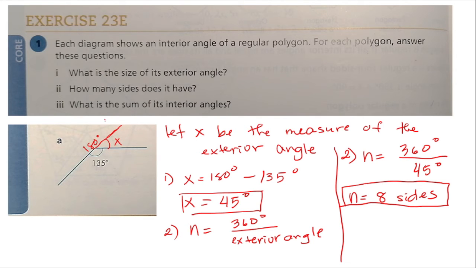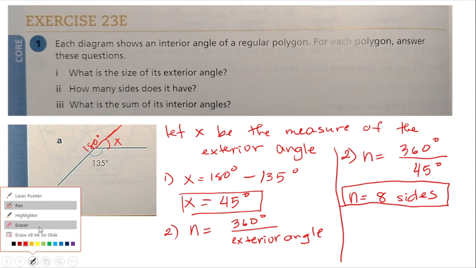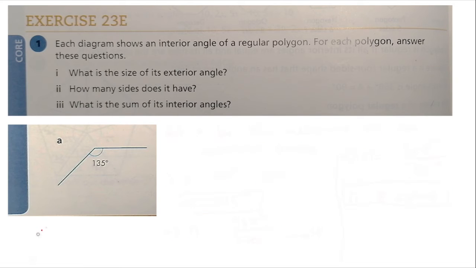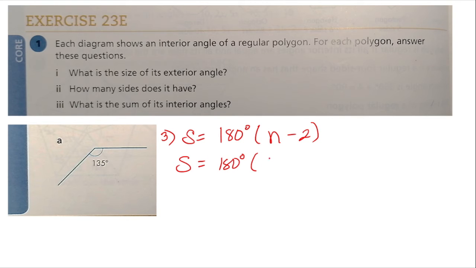Okay, so sa number 3, what is the sum of each interior angles? So napag-aralan na natin to sa nauna nating video. So number 3, the sum of the interior angles, so 180 degrees times n minus 2. So S is equal to 180 degrees times 8 minus 2.